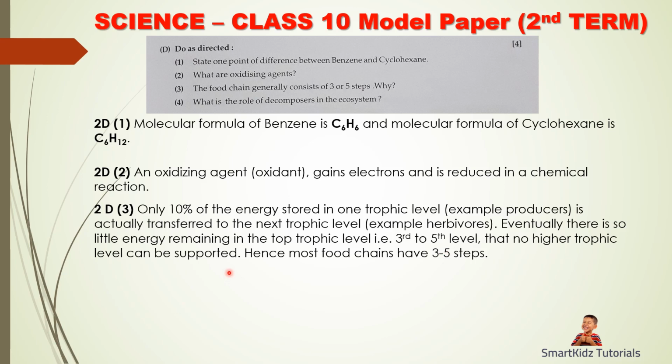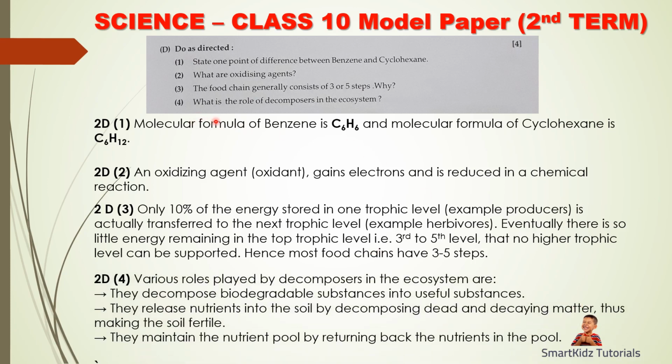Hence most food chains have 3 to 5 steps. Usually it is 3. 4 or 5 will depend on who is the higher energy consumer. So there are those which need higher consumption, consumers. When they are present in that particular food chain, then you don't have any more energy left to be transferred.